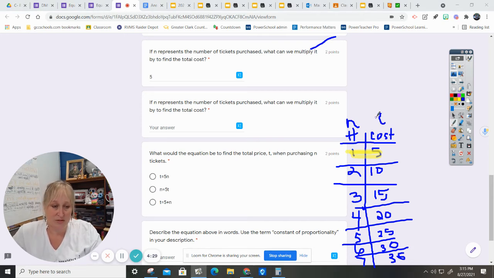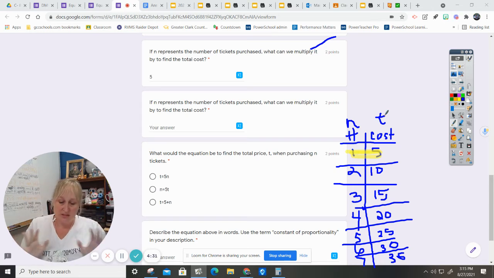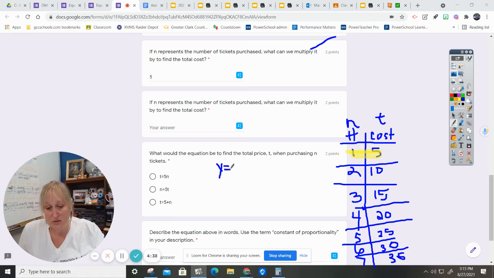Now that sounds a little confusing, because they threw letters in there that I didn't understand. But we have talked about Y equals constant times X. Well, in this case, this is my X because it's what makes it change. The word for it is my independent variable.